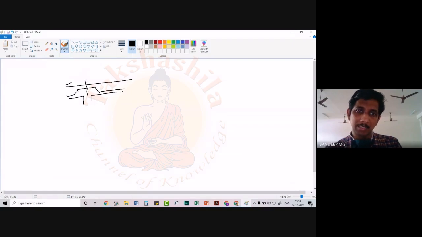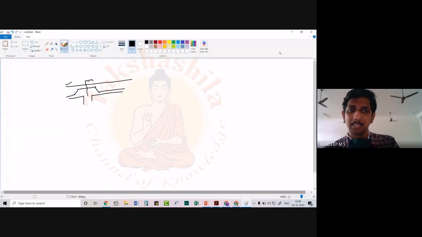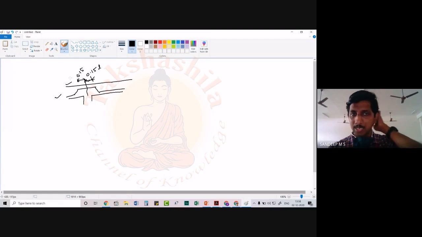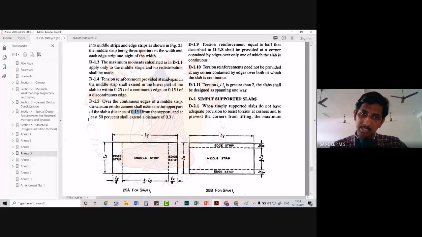So basically what they mean is, this distance should be, what was that dimension? It was 0.15 times Lx. It should be this part. Okay. This part should be 0.15 times Ly or Lx. Similarly, with respect to this second slab also, you have to provide this distance as the respective 0.15 times the span here in this direction. Okay, so that is what is suggested by the code in this case.